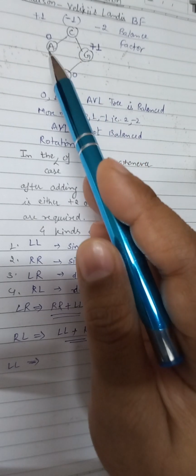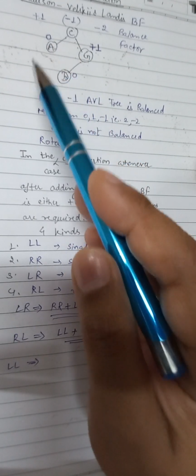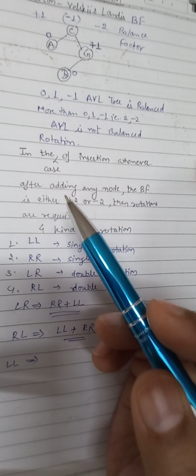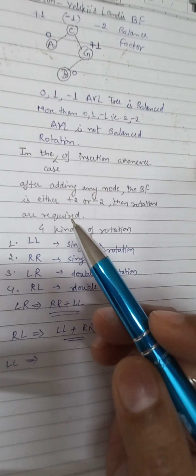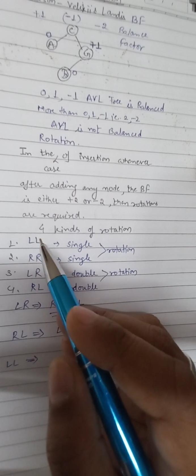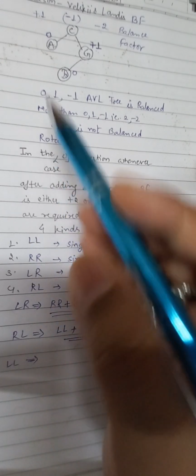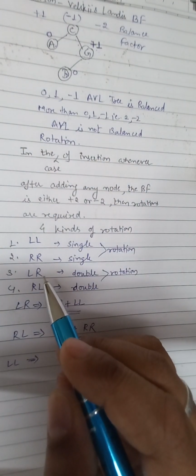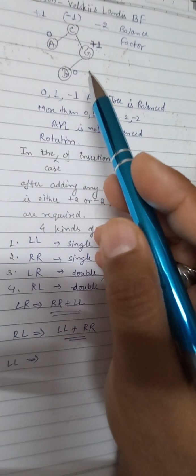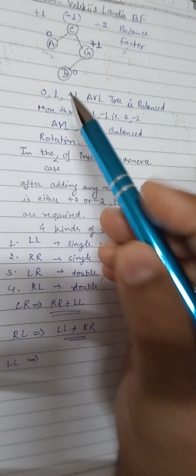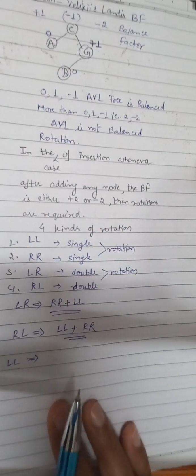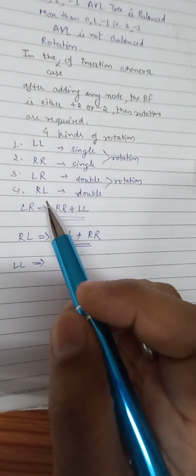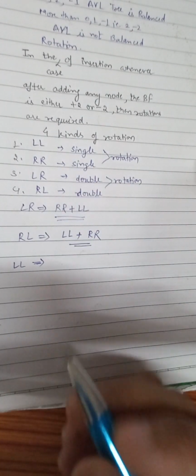Whenever we add anything on the left subtree, left side, and the AVL tree is not balanced, then we go for LL rotation. In the similar way, if we add something on the left subtree, right side, then we go for LR rotation. And if we add any element on the right subtree, left side, then we go for RL rotation. Like that we define which kind of rotation works when the balancing factor is not right.